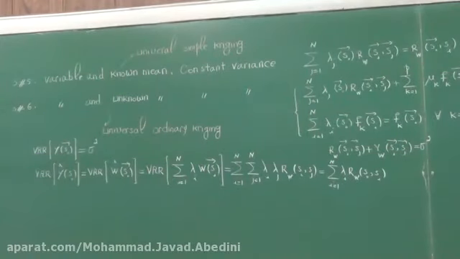Here you can write variance of y hat equal to variance of w hat, and it's okay. But the point is this: you are not allowed to replace w hat with a linear combination. Are you clear? Here, it is okay to write this variance of w hat, but you cannot replace w hat with this linear combination.